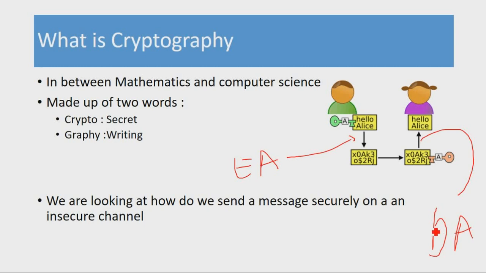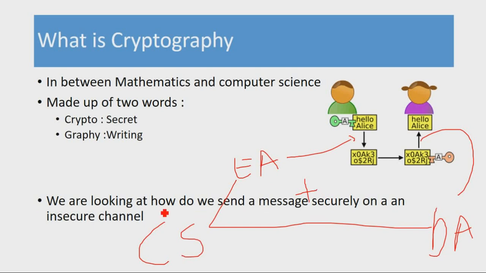Which means if you are to use a successful crypto system, you need both of these algorithms, one of which will be implemented if you're sending a message, and one will be implemented when you're receiving a message. And this is collectively known as a crypto system, when you combine an encryption algorithm and a decryption algorithm.